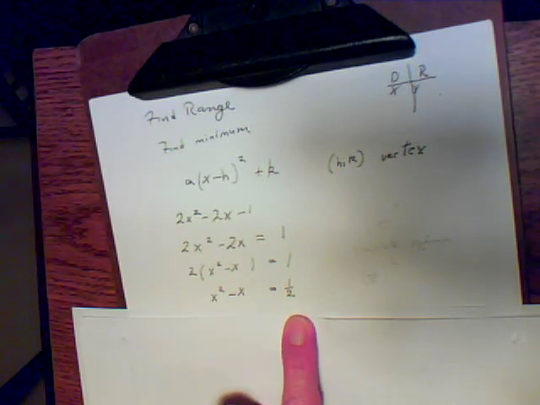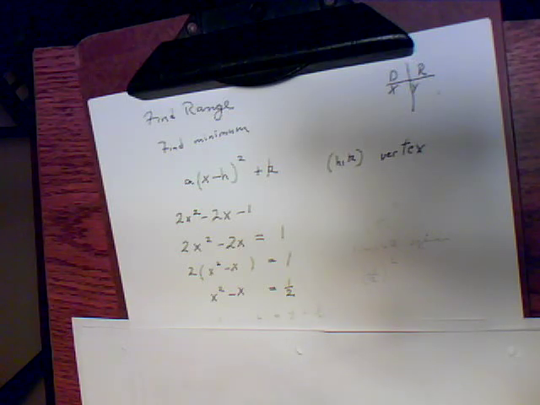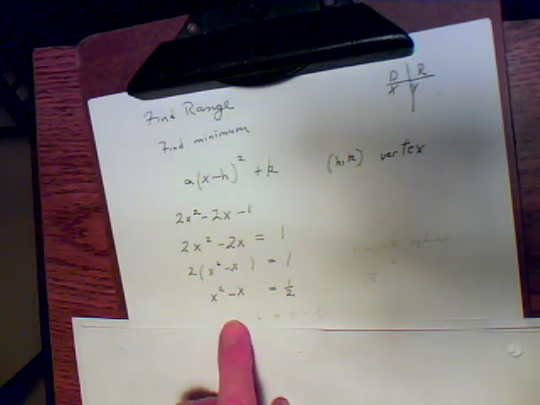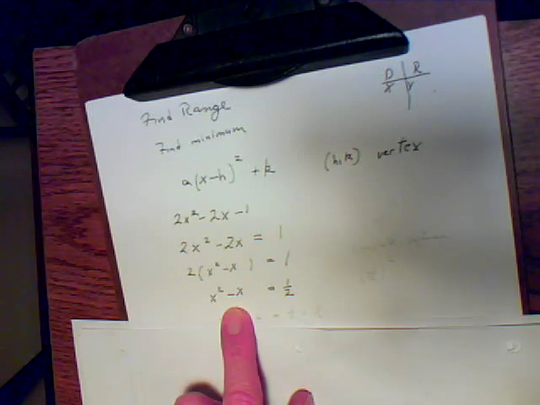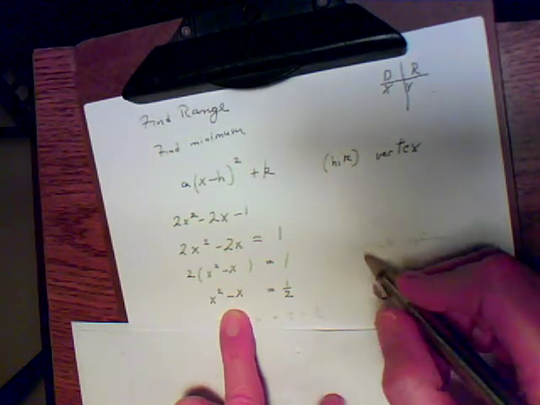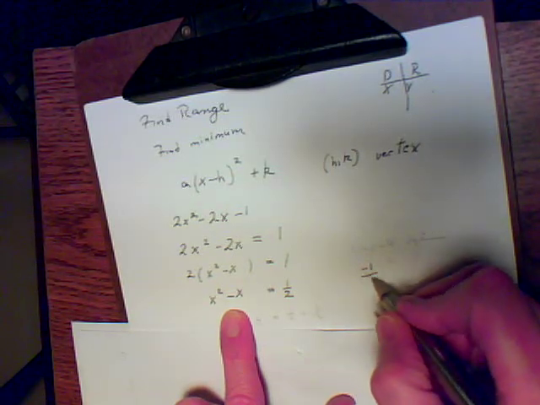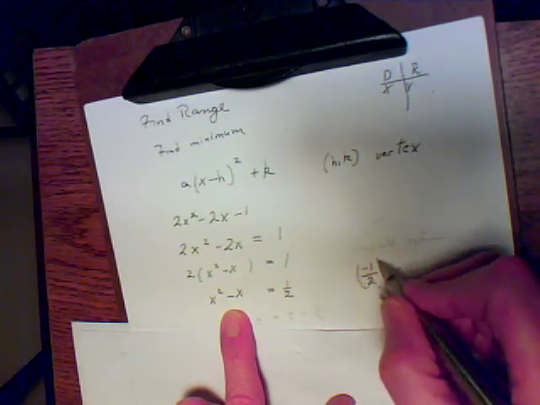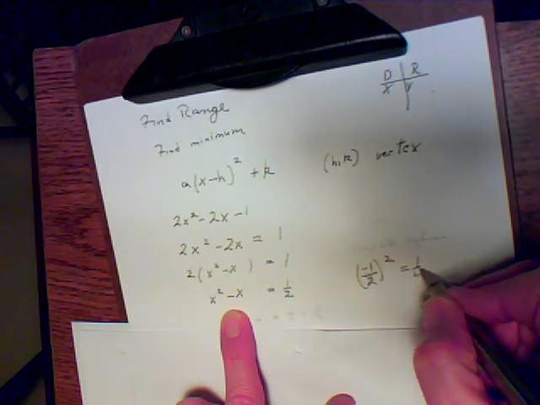To complete the square, if you remember, what you do is you take 1/2 the coefficient of x and you square it. The coefficient is, in fact, minus 1, divided by 2, and then you square it, and what you get is 1/4.